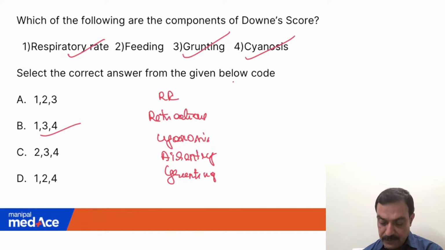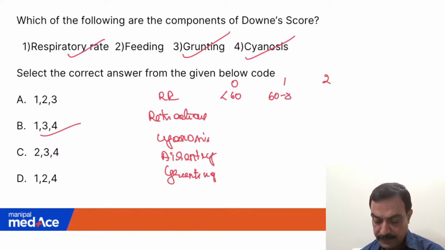The score is given as 0, 1, and 2. If the respiratory rate is less than 60, the score is 0. 60 to 80, score is 1. And more than 80, the score is 2.